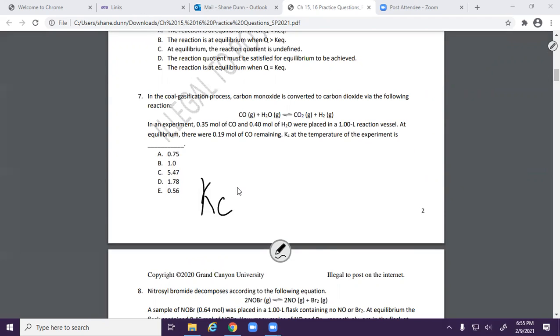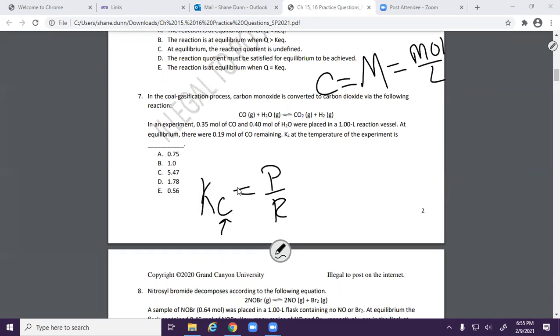Molarity. What's molarity? Moles over liters. C is equal to big M, molarity, which is the same thing as moles over liters.